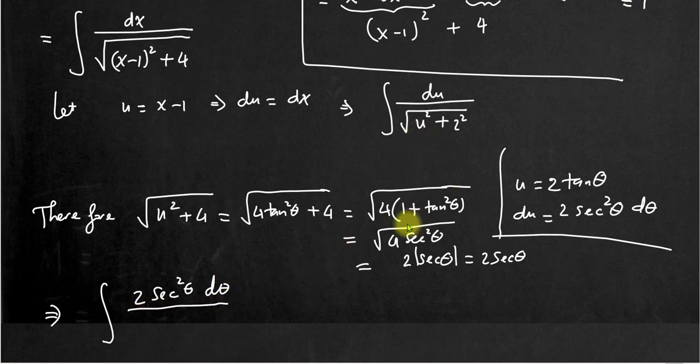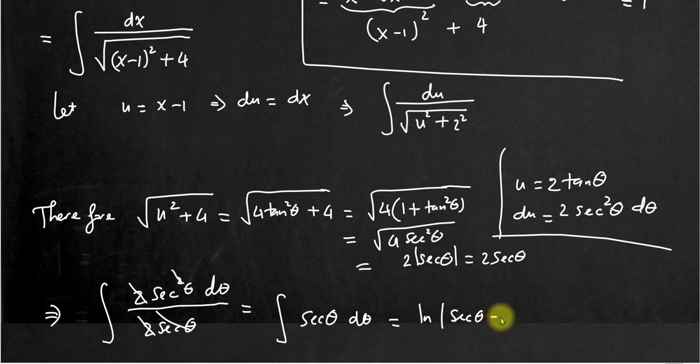And we have the square root of u squared plus 4, and we simplify this whole radical into 2 secant theta. Now we can cancel out the 2 and cancel the power of secant. I only have the integral of secant theta d theta. And the integral of the basic function secant theta d theta is just the ln of the absolute value of secant theta plus tangent of theta, plus c.